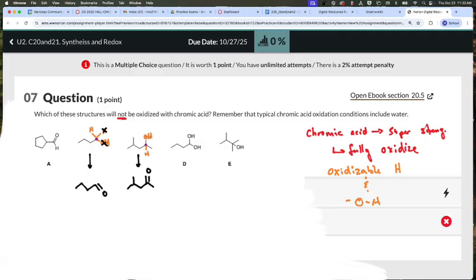We go through and look at D. Does D have an oxidizable hydrogen? Hopefully we're starting to recognize the value of finding our implied hydrogens. We do indeed still have an oxidizable hydrogen, so that should oxidize. So we're going to turn that into an increased bond to oxygen, and then we'll still have that OH there.